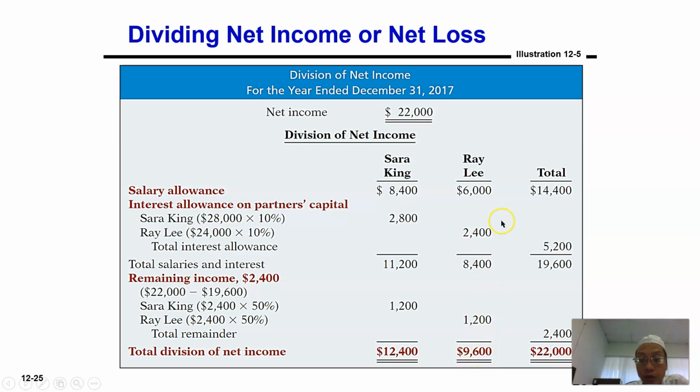That consists of 6,000 salary, 2,400 interest allowance, and 1,200 remaining balance of income. So as a total, the 22,000 of net income is distributed based on that. That is how we produce the schedule of division of net income.